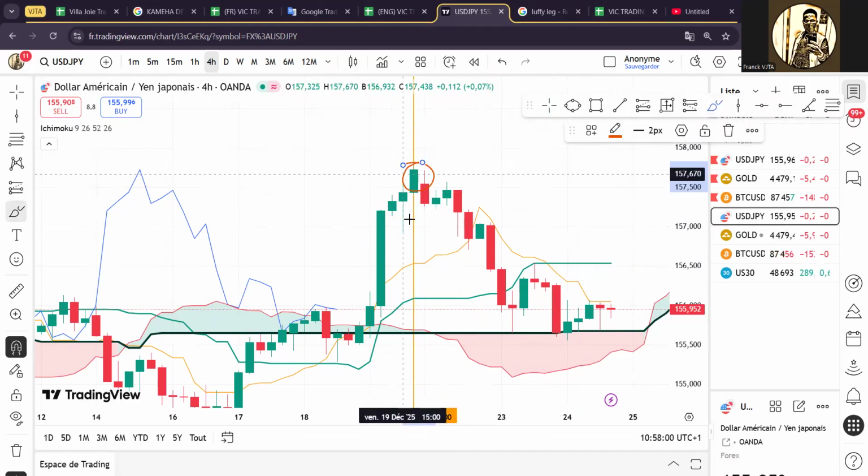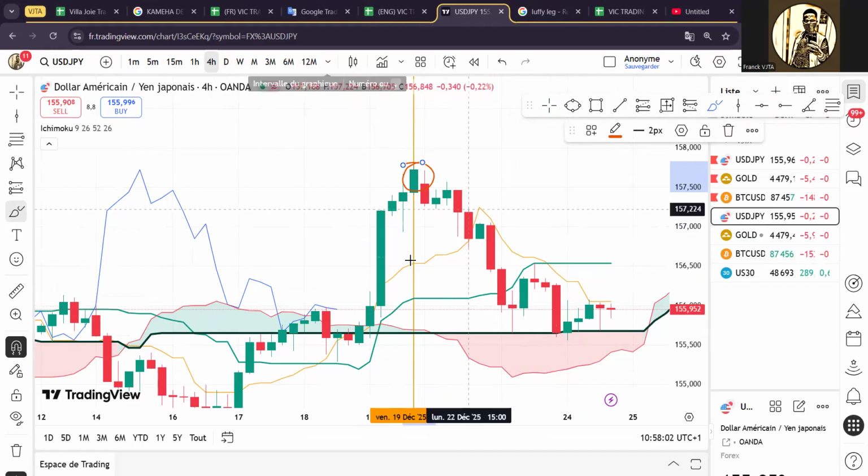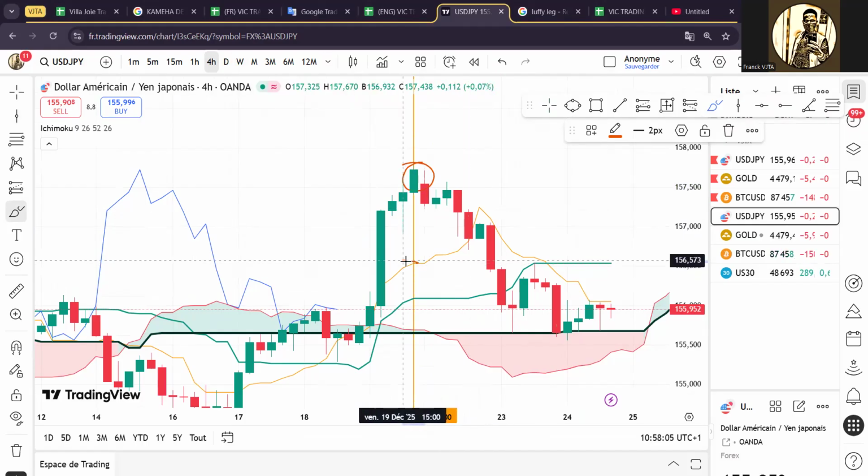It's already known. Why? Because even on H4, when you look at Tenkan H4, first of all, the candle is in the empty space. So this is a reversal setup in the empty space. Secondly, we have a Tenkan hitting the VRS.